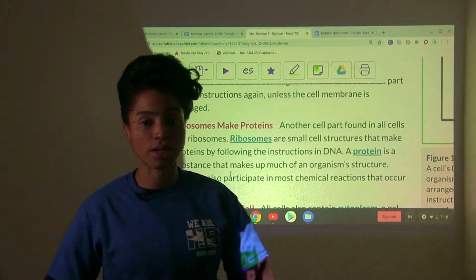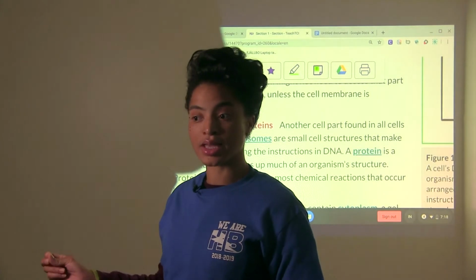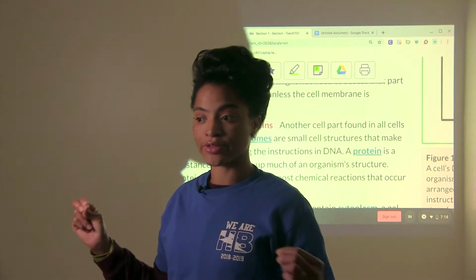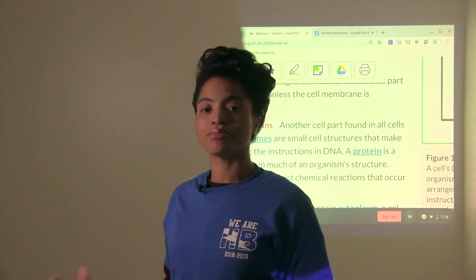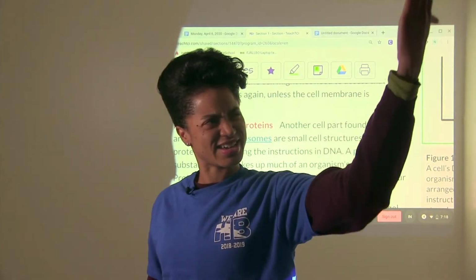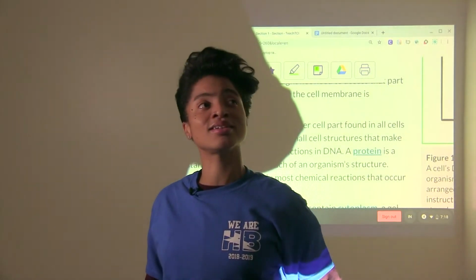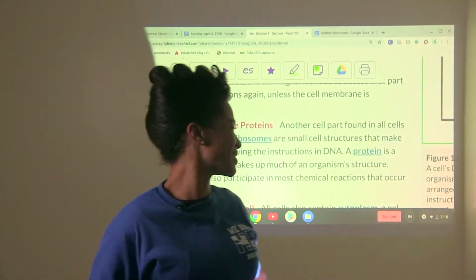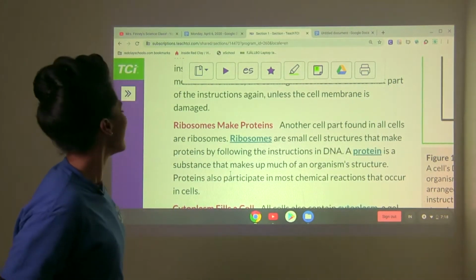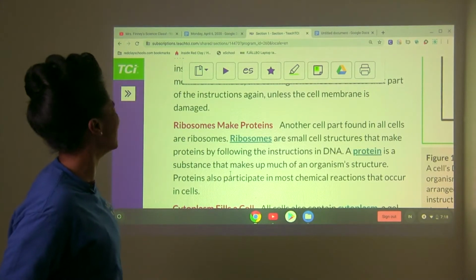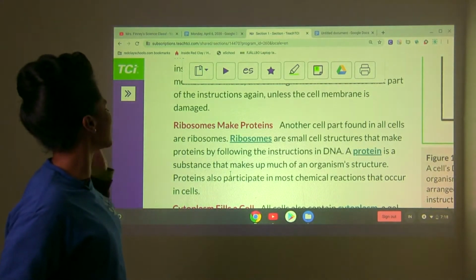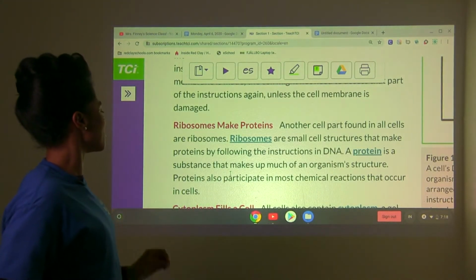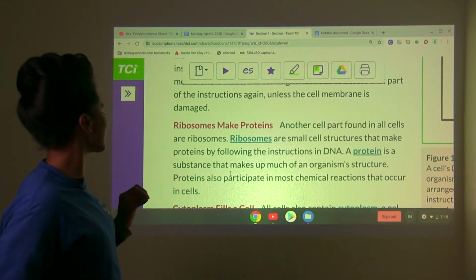Here's ribosomes. So, DNA, what would you like for me to do? I'm here to make the protein. Ribosome. Something like that. A protein is a substance that makes up much of an organism's structure.